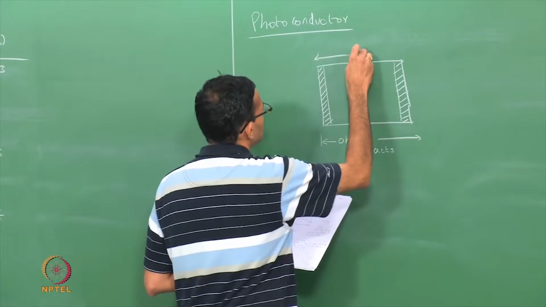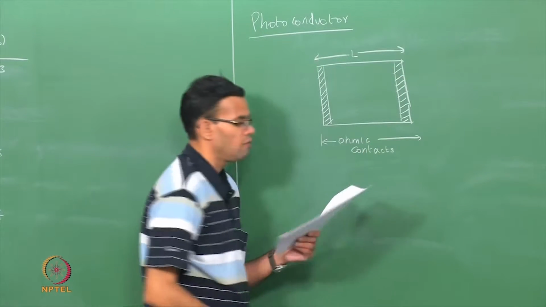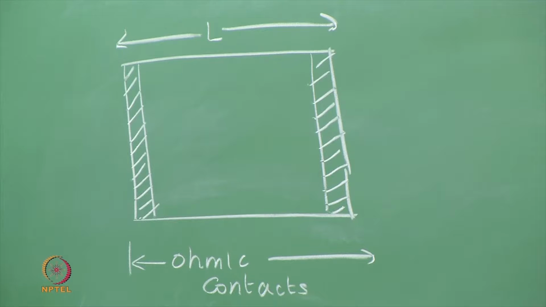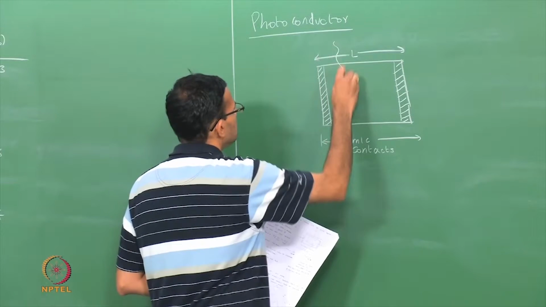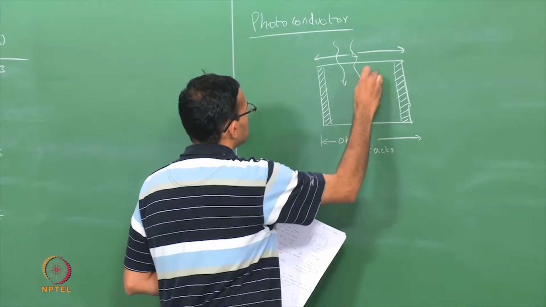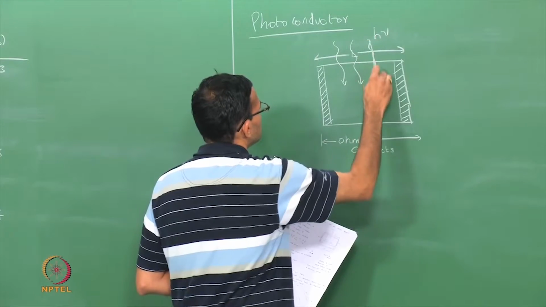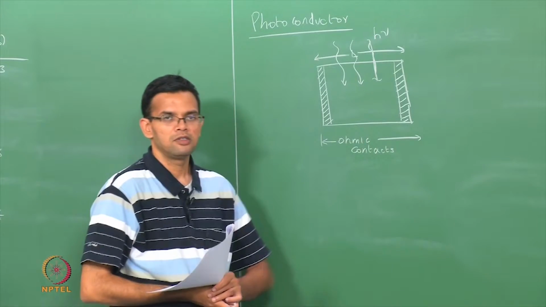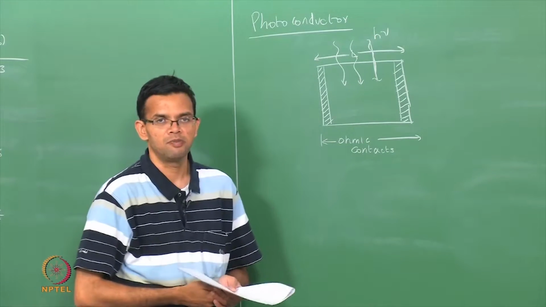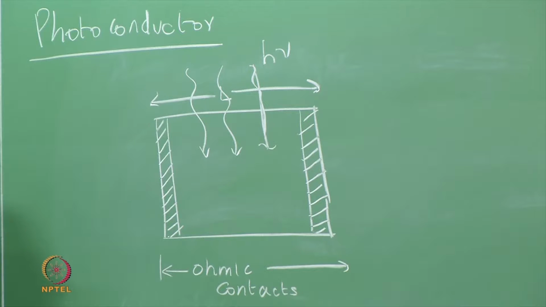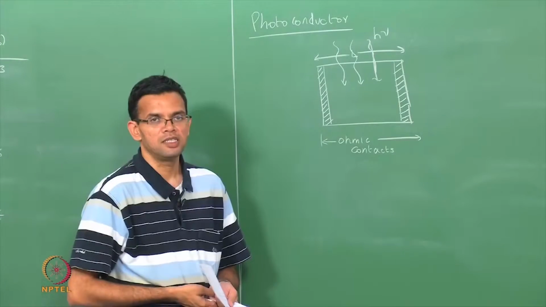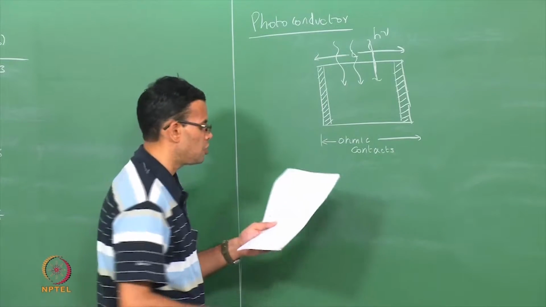Let L be the length of your slab. We can have incident light fall onto your slab. The incident light has some energy which depends upon the wavelength, so it is h mu or h c over lambda, and if this energy is sufficient, it will generate electron hole pairs.